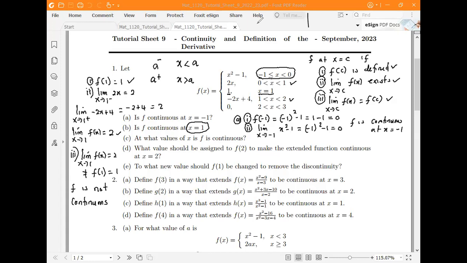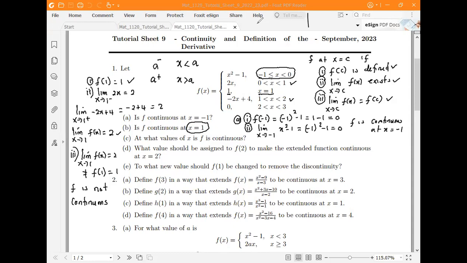Okay. At what values of x is f continuous? So from what you have seen, f is not continuous at x equal to 1.